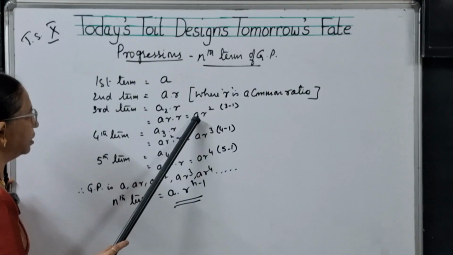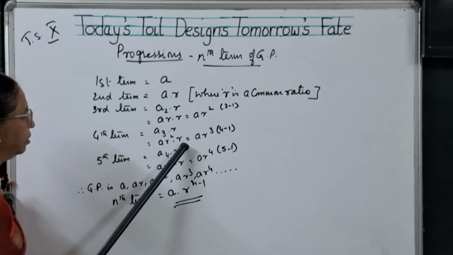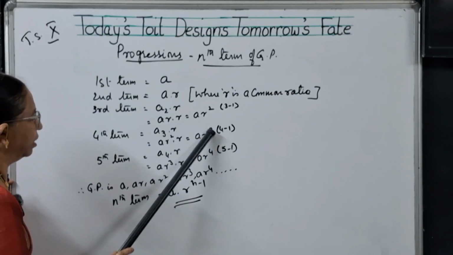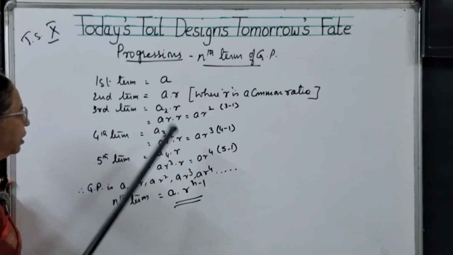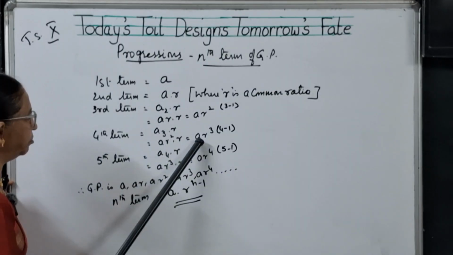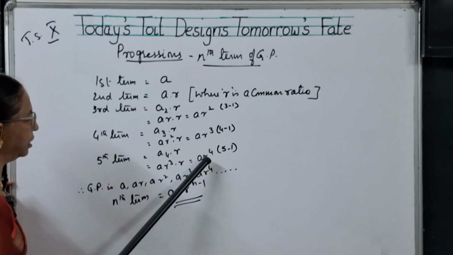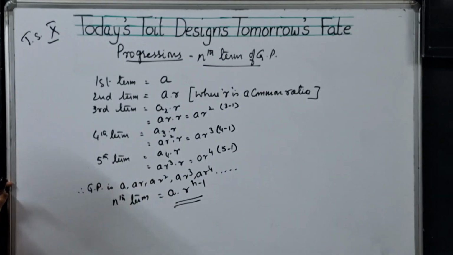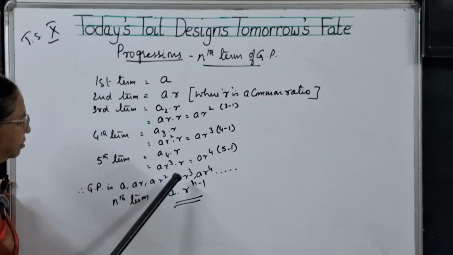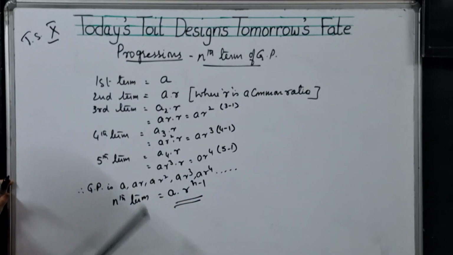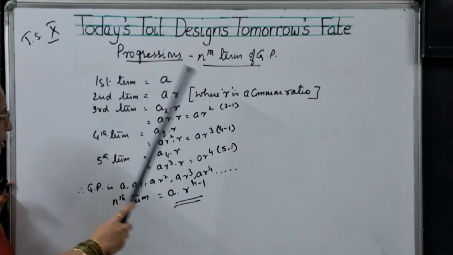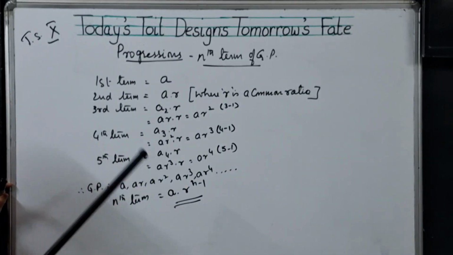The third term is AR square into one more R, that is AR cube. And the fifth term is the fourth term into R, that is AR cube into R, AR to the power of 4. So the general GP is A, AR, AR square, AR cube, AR to the power of 4, and so on. When you observe this, we are getting a property, children.